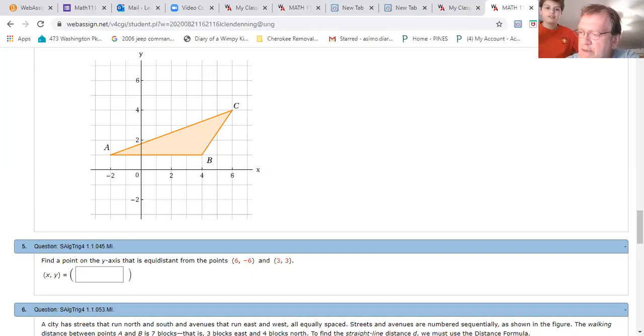Do you want to switch? Yeah, in just a minute. Okay. 6, -6, and we got 3 and 3. Okay, and we want a point somewhere on the y-axis. Okay, I'm going to switch back to the camera mode. I've got the problem written down.